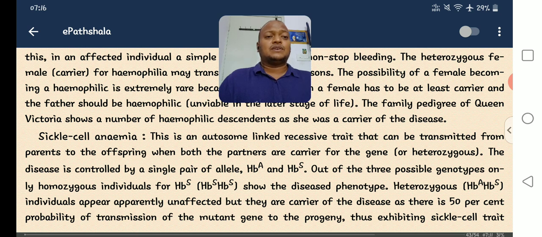How many genotypes are possible? Three types of genotypes are possible: HBA HBA, HBA HBS, and HBS HBS.